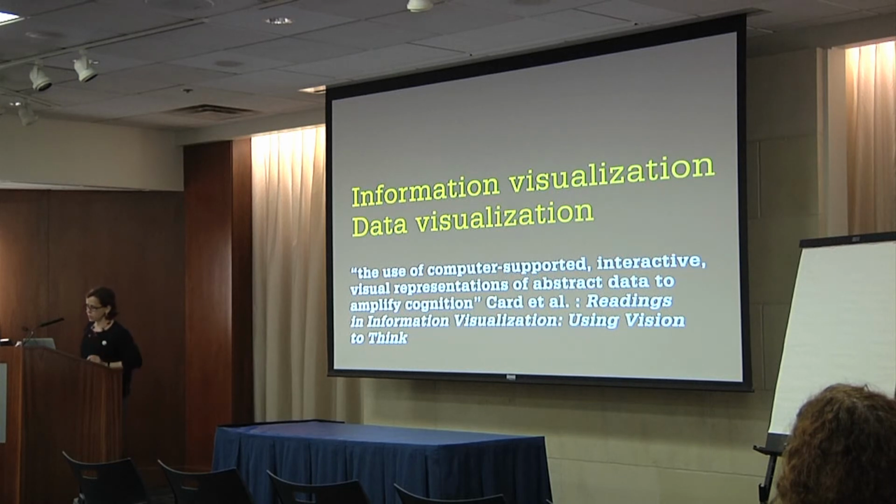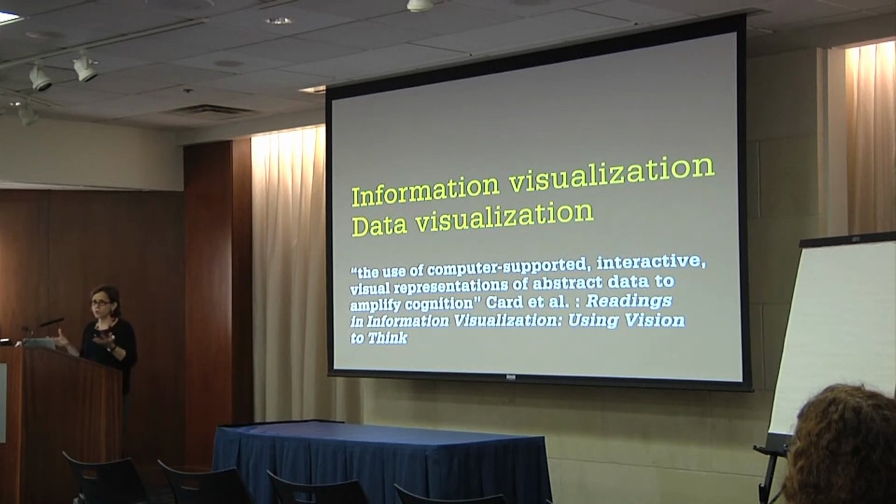It's called Readings in Information Visualization: Using Vision to Think, and it says that it's the use of computer-supported interactive visual representation of abstract data to amplify cognition. So even though we were trying to amplify cognition in the previous definition, here they are very specific about the medium: they really talk about computer-supported, and they really talk about abstract. Whereas in information design and infographics, it doesn't necessarily have to be that.